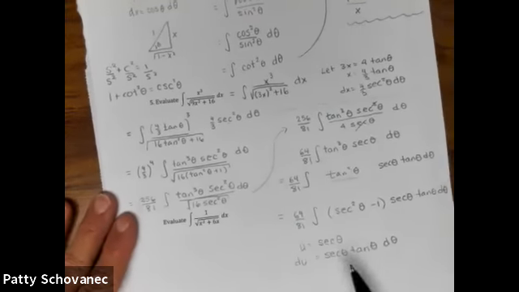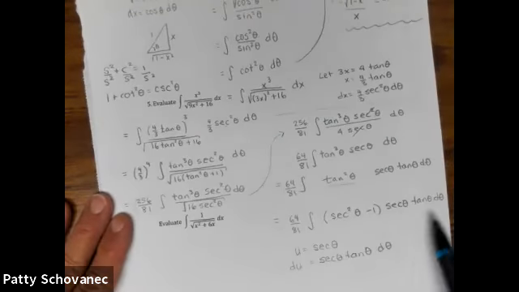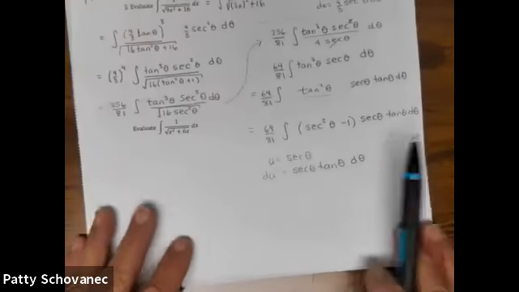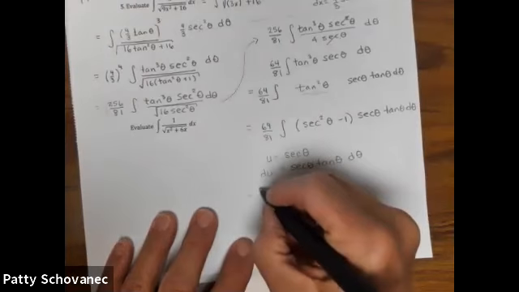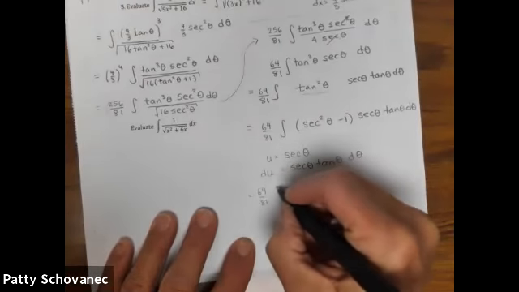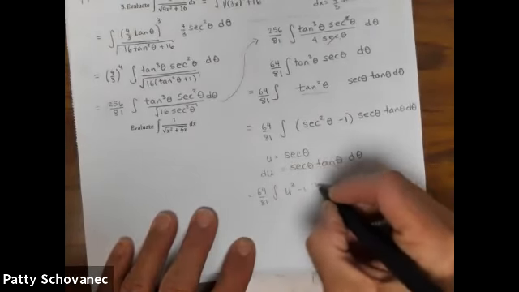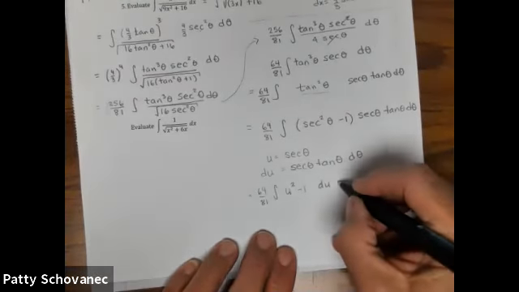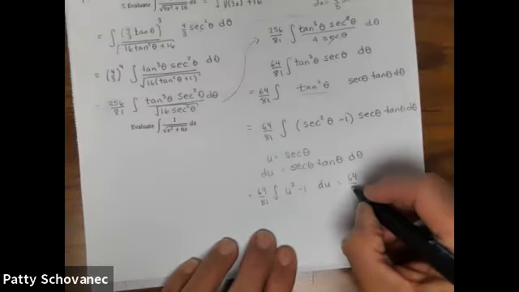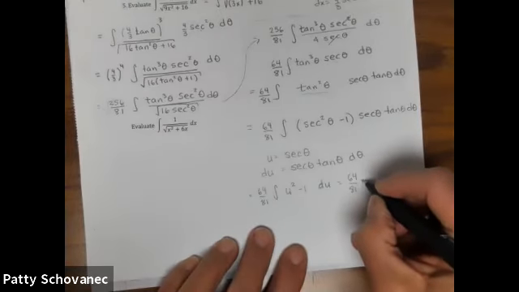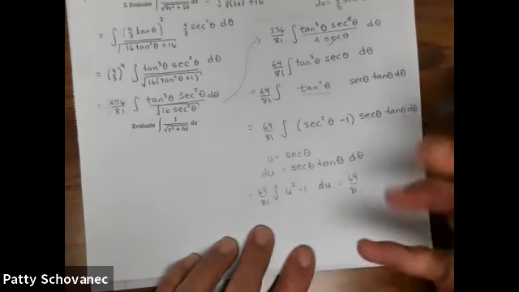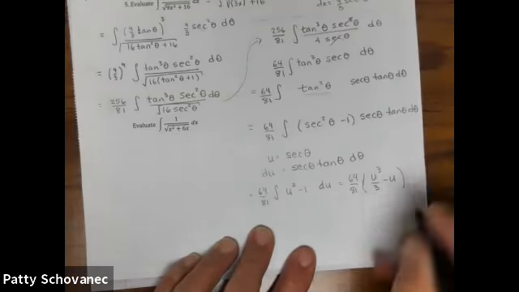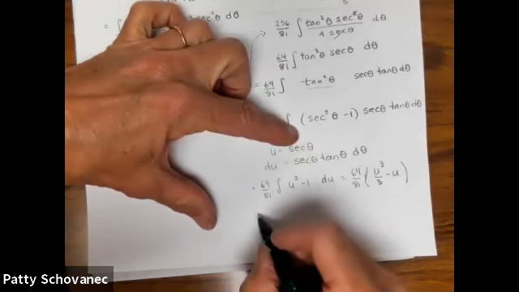That means the integral we've got left to do is just u squared minus 1 times du, which is u cubed over 3 minus u. Oops. Each u is a secant of theta.